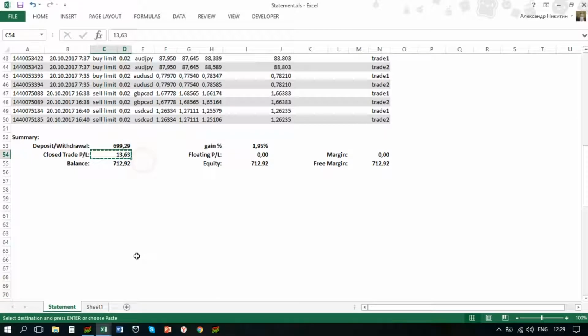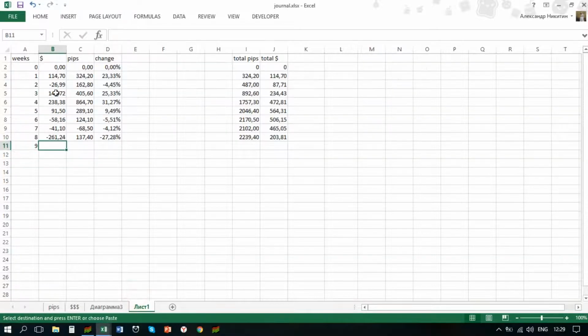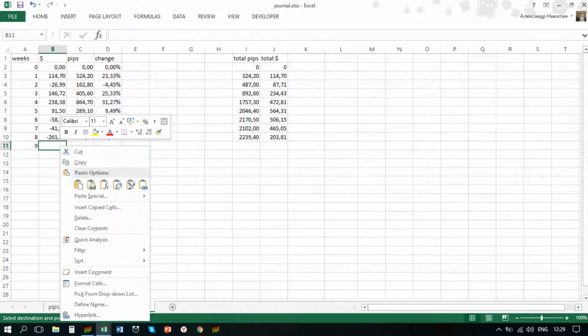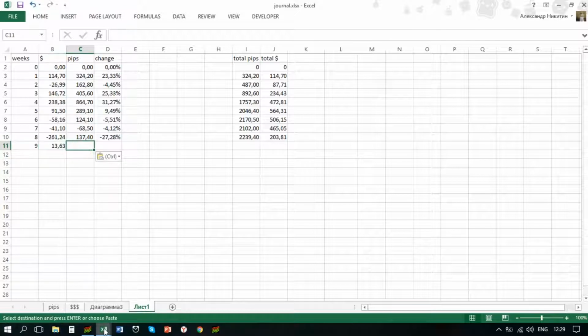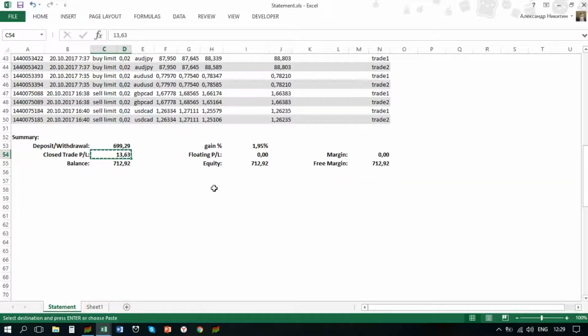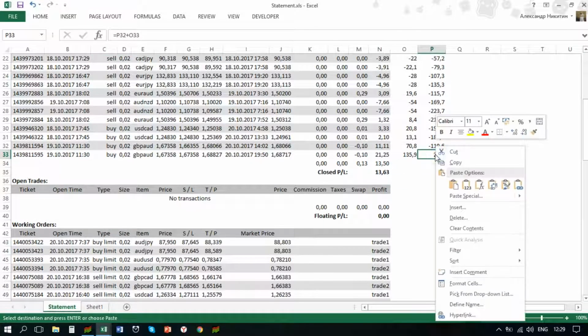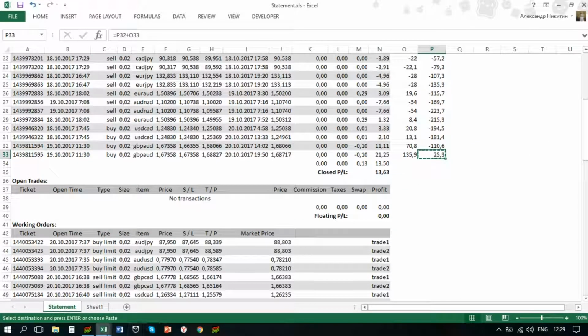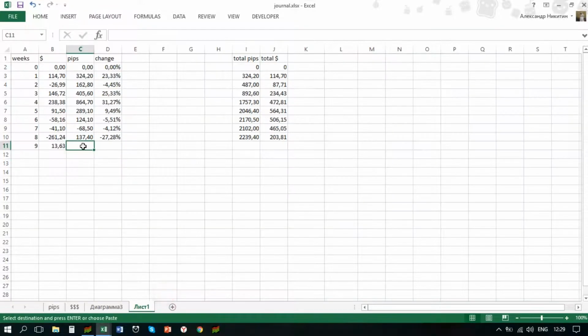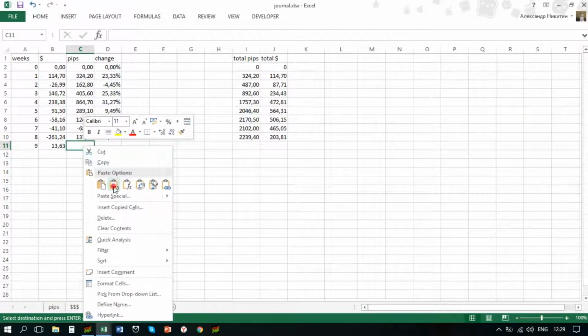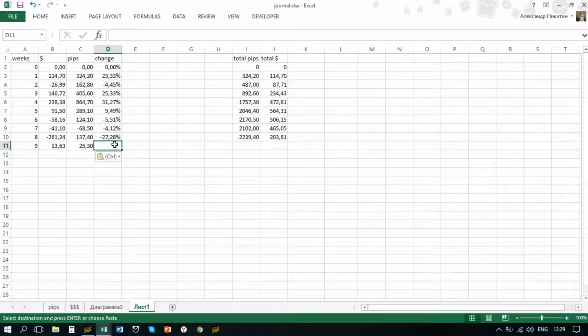Let me copy, let me go there, and let me paste the number. Next, the amount of pips generated, 25.3, we just calculated that. Let me copy, let me go there, the amount of pips here. And the amount of percentages is this.